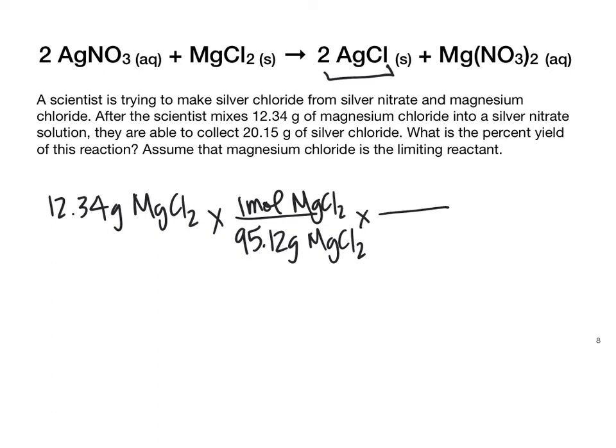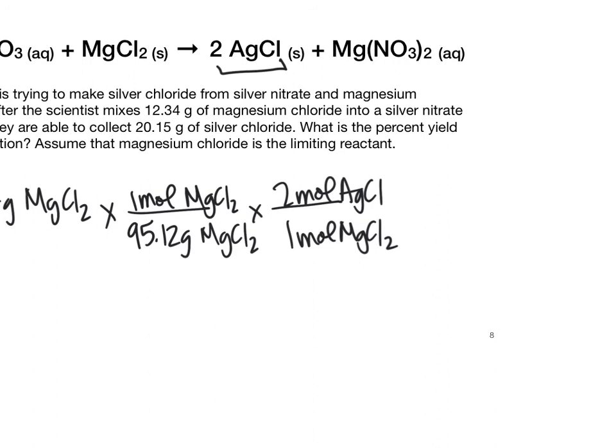And so in the equation, there's 1 mole of magnesium chloride for 2 moles of silver chloride. And 1 mole of silver chloride weighs 143.22 grams.